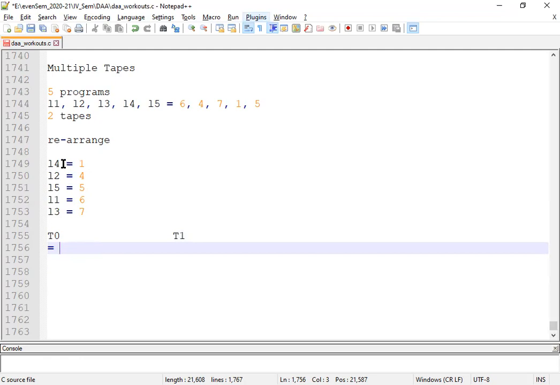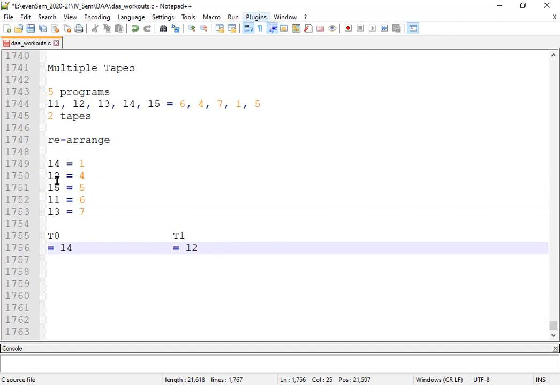That is L4. Next, the second program after rearranging, we store on the next tape. That is L2, which will be stored on T1.